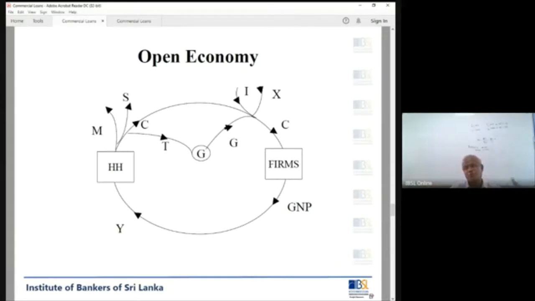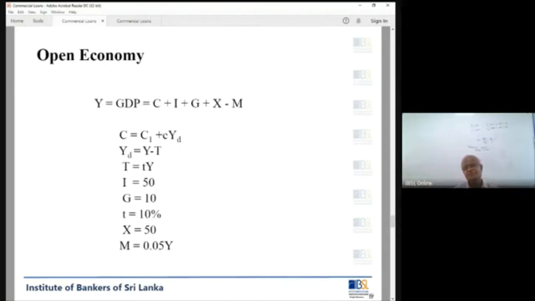Because of imports, GDP is going out of the country. It is demand for foreign goods that we don't produce domestically. Therefore, we deduct net exports. So the equation is C plus I plus G plus X minus M. Understand? C plus I plus G plus X minus M. That is the final national income identity of an open economy.